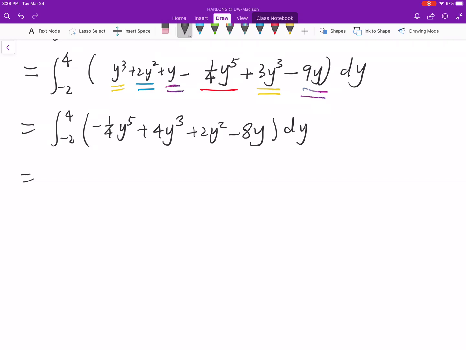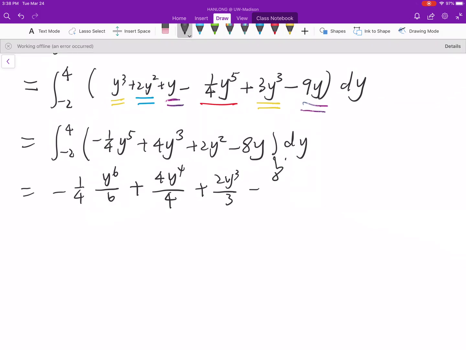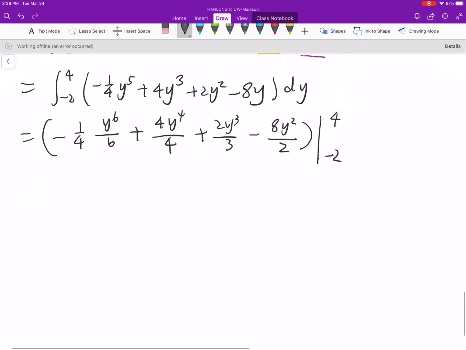And then you will have y to the 6 over 6, 4y to the 4th over 4 plus 3y, plus 2y cubed over 3 minus 8y squared over 2, and plug in 4, negative 2.